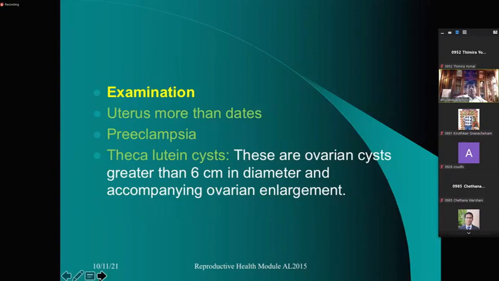When you examine the abdomen, usually because of this rapid proliferation, you find the uterus becomes larger than the dates. Because of this high continuous HCG stimulation, the ovaries get bigger, forming what are called theca lutein cysts, which sometimes are palpable abdominally.